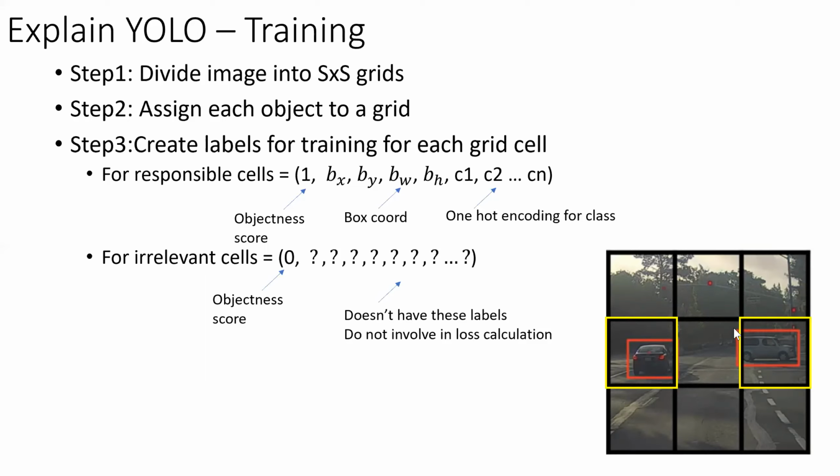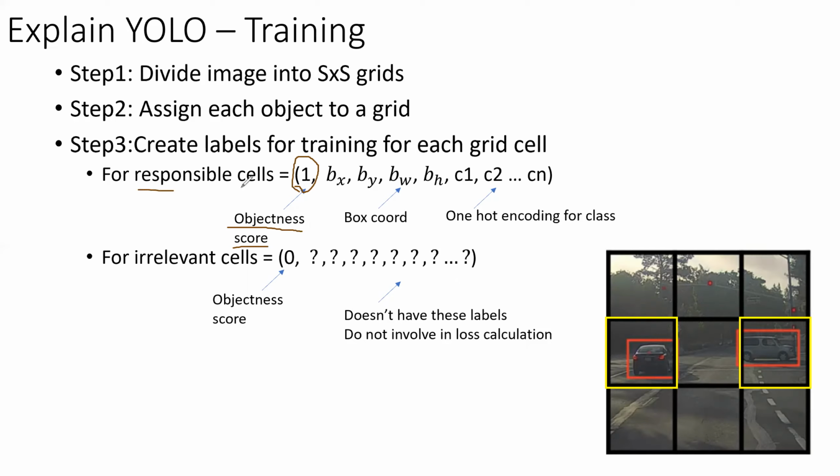The third step is, because when we train the network, we need to create ground truth labels. So we need to create labels for each grid cell. The label is a vector of 5 plus n. The first element is called the objectness score. It specifies whether there is an object inside.